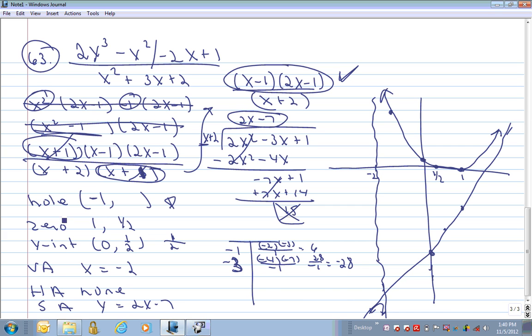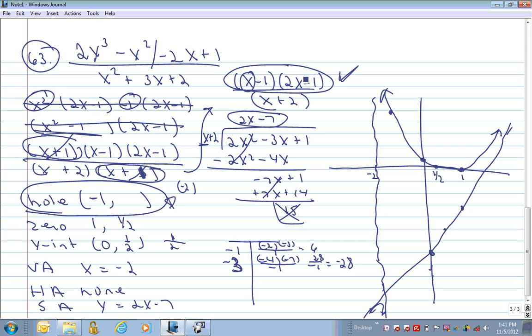All right, let's finish this information about the hole in the graph and find out exactly where that hole would be. We know the x value is negative 1. If you have the x value, then you can find the corresponding y value by substituting it in. So if I take a negative 1 here and negative 1, I would get negative 2.